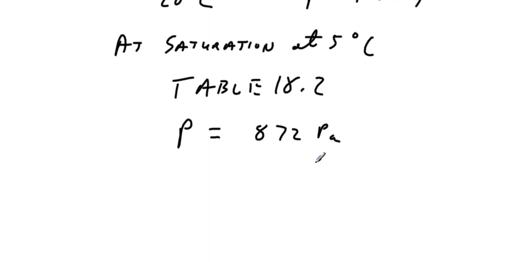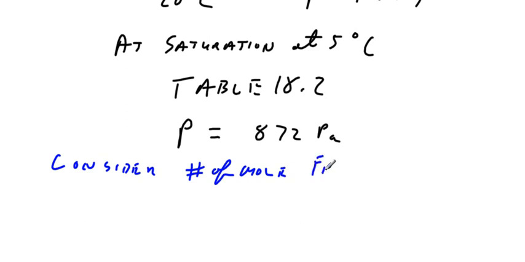We're going to consider that the number of moles is going to be fixed. So I'm not going to change the number of moles as I'm bringing it from the outside to the inside, and the pressure is going to be maintained the same as well.